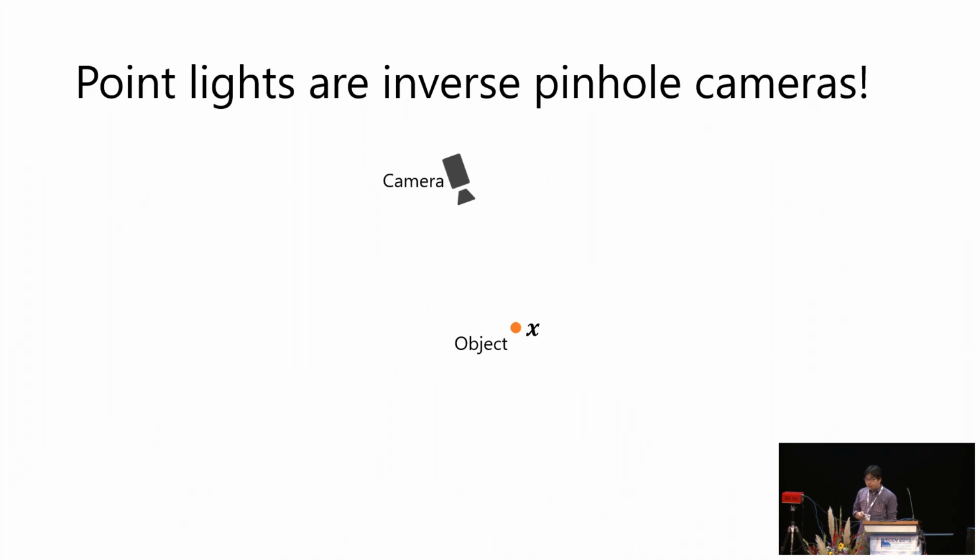So let's look a bit into the mathematics. We can regard light source as an inverse pinhole camera. Here we have a traditional pinhole camera. This camera projects object point X to point S on the image plane. Now we replace the pinhole camera with a point light source.